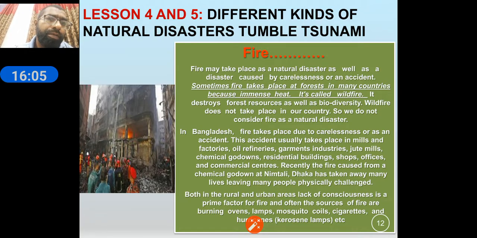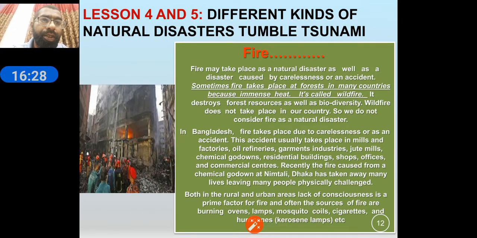And sometimes chemical godowns, and in garments areas and jute mills we can also observe fire. So generally in Bangladesh, man-made cause is the main cause of disaster.